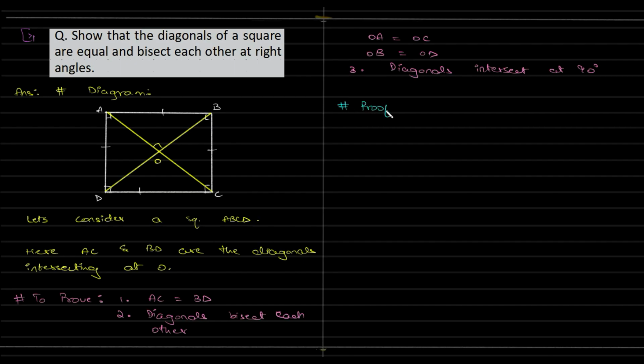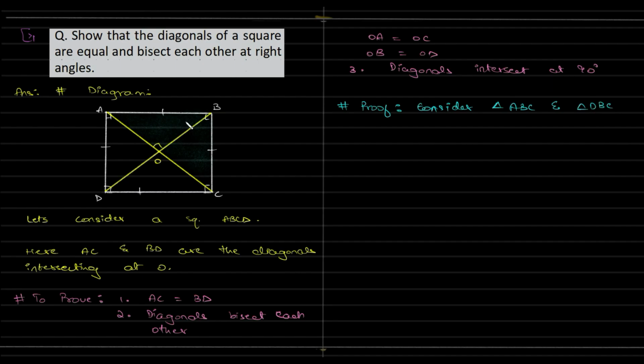So now think of how to prove this. Quite simple actually. We need to talk about congruency. So to talk about the first one, let's consider triangles. See, we are talking about proving AC is equal to DB. So we need to talk about triangle ABC and triangle DBC, right?